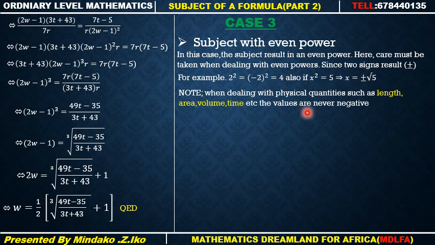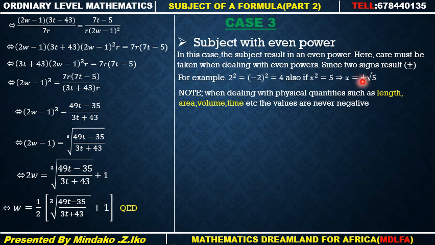Now note, when dealing with physical quantities such as length, area, volume, time, etc., the values are never negative. Like in this case, let's define our length to be x. Therefore x is just equal to root 5, not minus root 5.